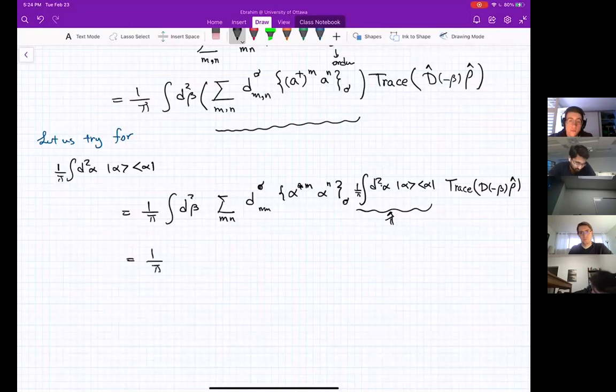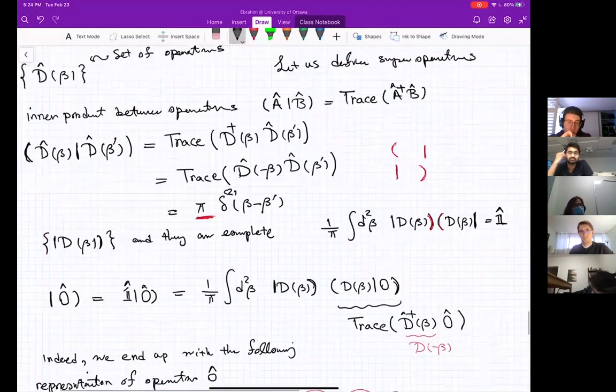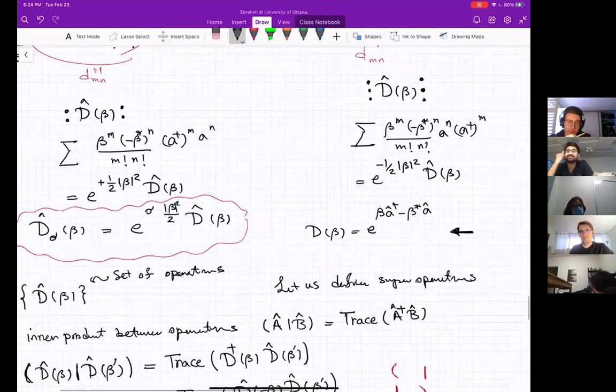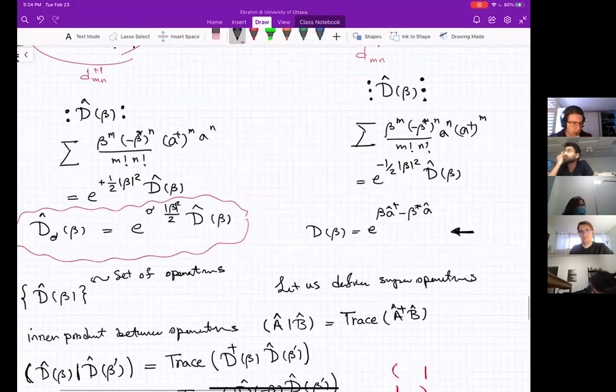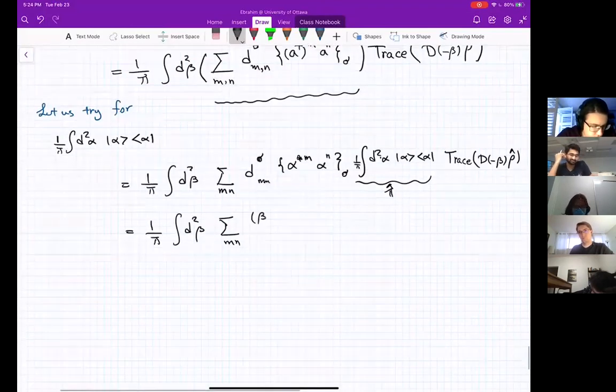So 1 divided by pi integral of d2 beta. For example, for the case of symmetric way or even anti-symmetric way, what we will get is summation of m and n, and just remember, it was beta power of m minus beta star power of n, divided by n factorial m factorial.